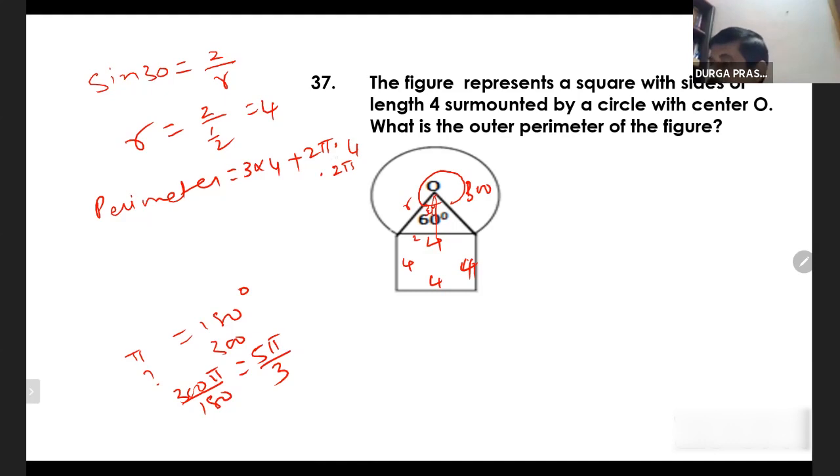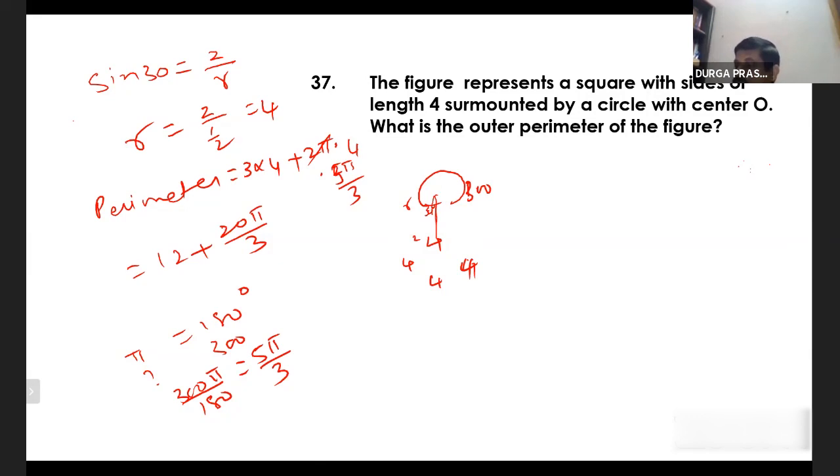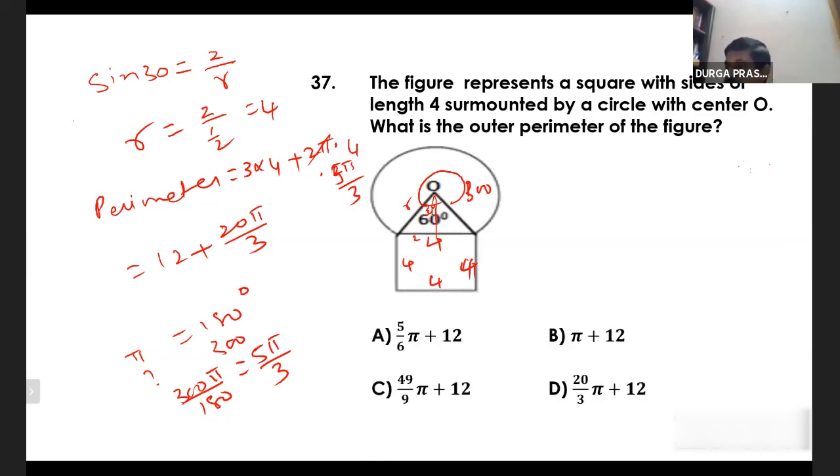So 2 pi into 4 into 5 pi by 3 by 360 gives you 20 pi by 3. So the perimeter is 12 plus 20 pi by 3. Let us see which options we have. So 20 by 3 pi plus 12, option B.